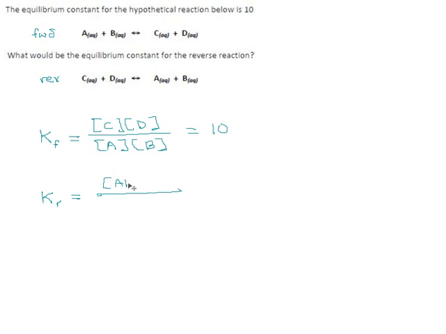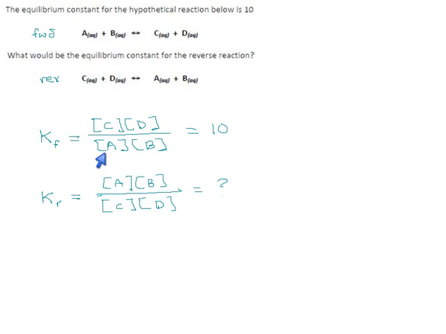I don't know where I got that idea. Concentration of A times concentration of B over the concentrations of C and D. And they ask what that equilibrium constant is. Well, you notice how this K and this K are reciprocals of each other? They're the same fraction, only one's upside down.